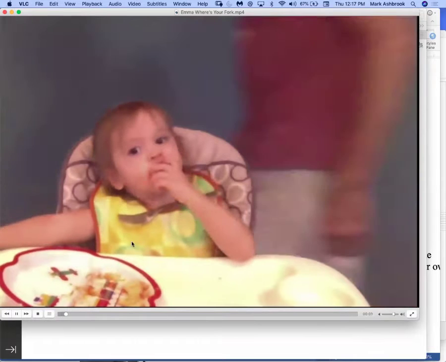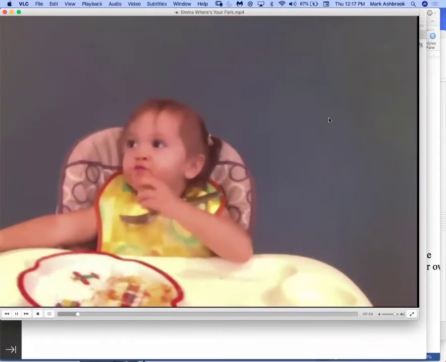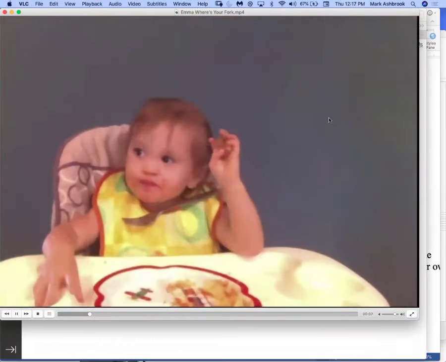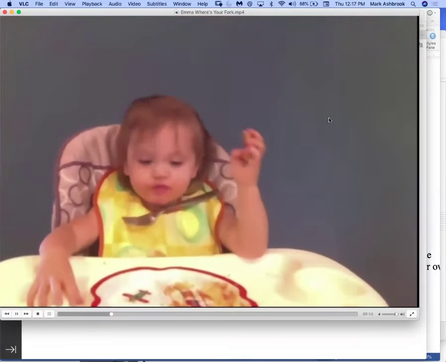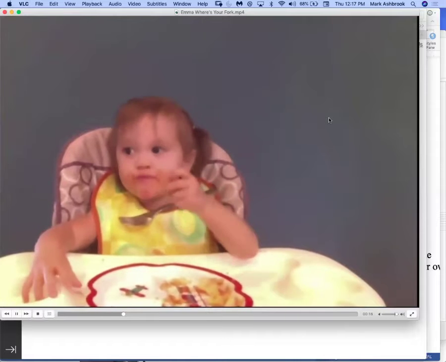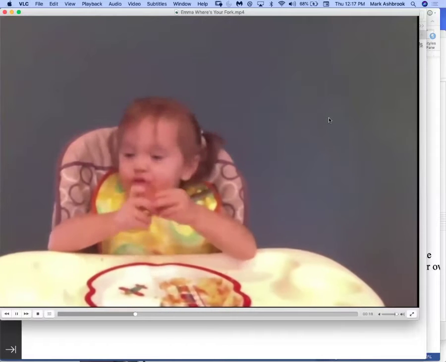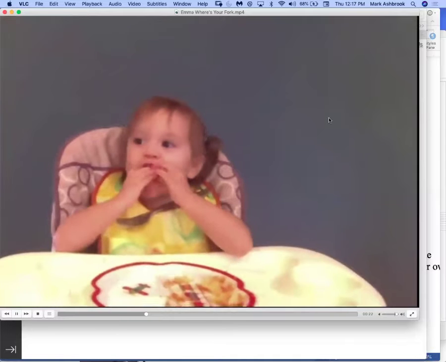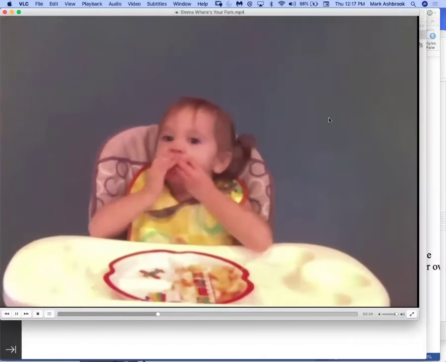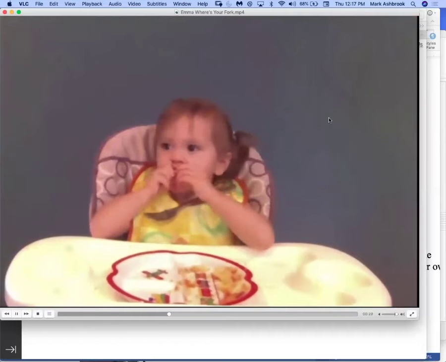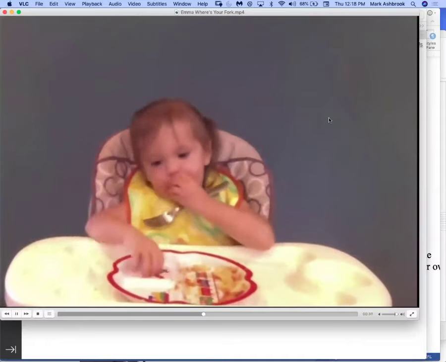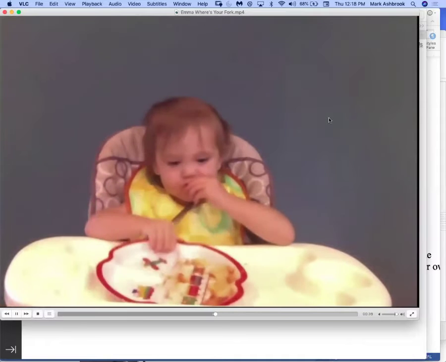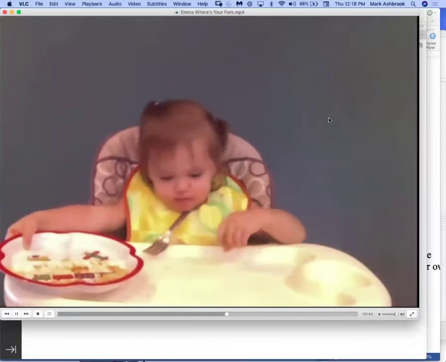Emma, where's your fork? Emma, what happened to your fork? Emma, what are you eating for dinner? Pasta, is it good? What are you using to eat the pasta? A fork? A fork, yeah. Where's your fork? Did you see it?